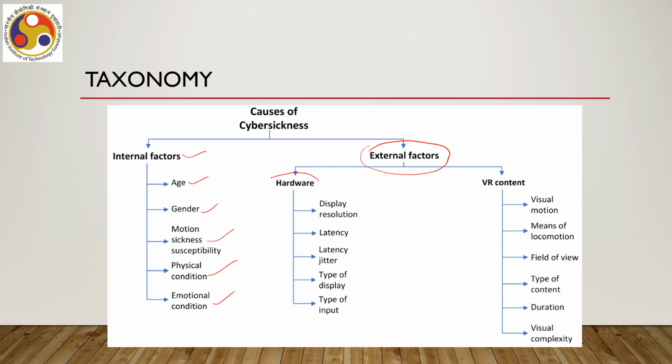More specifically, we have covered the hardware related factors, namely display resolution, latency, jitter, type of display and type of input. Now, we are going to talk about the factors related to the VR content. There are 6 such factors: visual motion, means of locomotion, field of view, type of content, duration and visual complexity. Let us go through each of these in some detail.